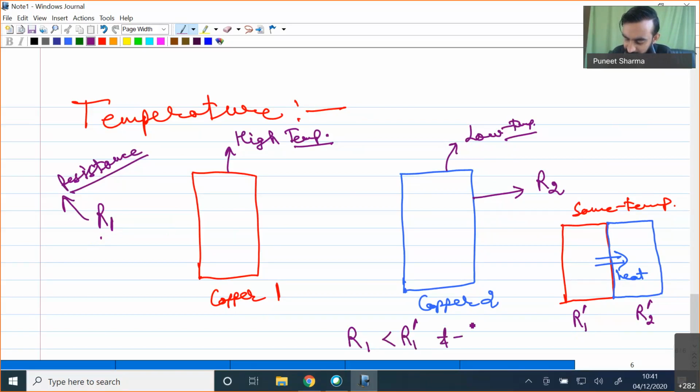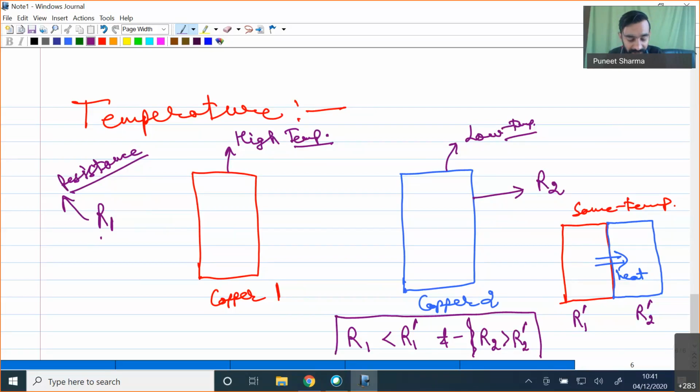And if I talk about R2, the second copper block, what will happen? Initially it was cold, so it had high resistance. Now its resistance will decrease, so R2 will be greater than R2 dash. That is something we know from our fundamental understanding of the temperature dependence of resistance.